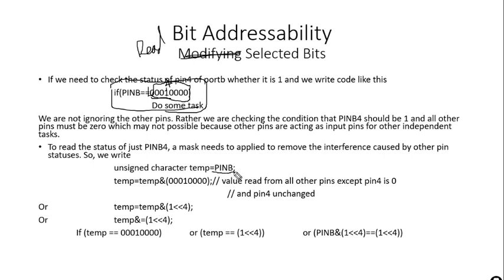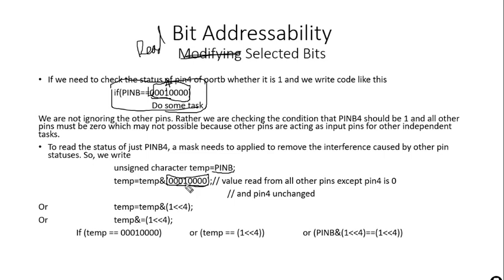We read the status of the complete byte from PINB. Then we perform an AND operation with a byte where all other bits are 0 except the bit that we are interested in, which is bit number 4. Only that bit is 1.